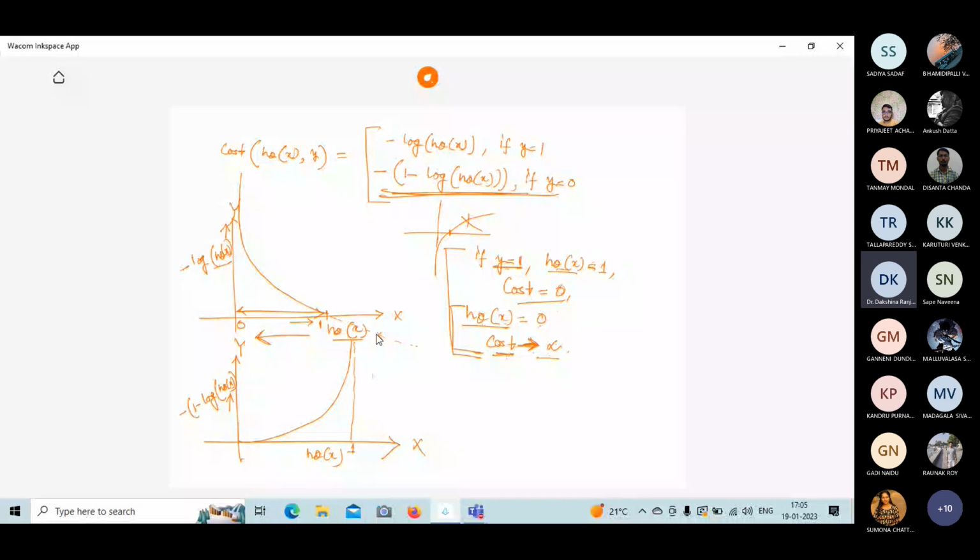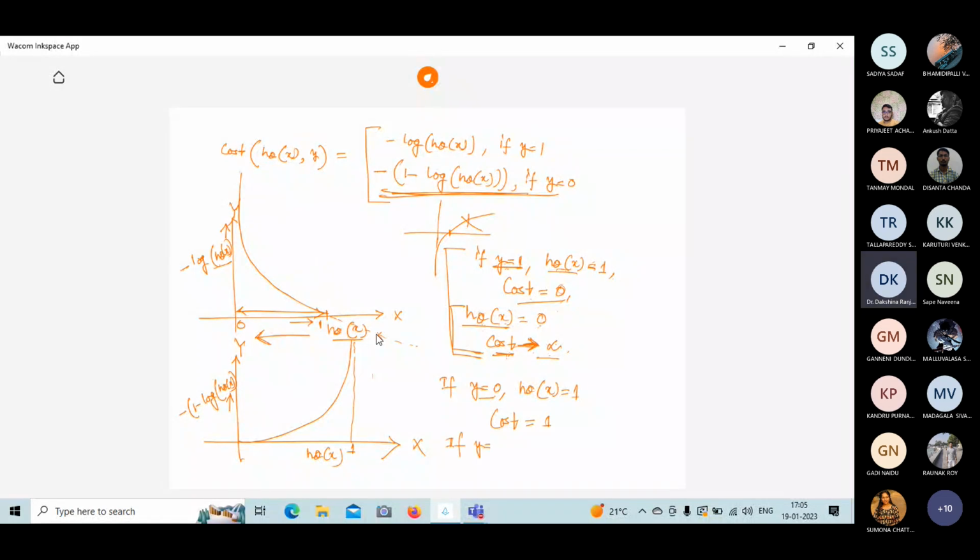If we see the consequences, we can observe the case y equals 0. That means if the class level is found to be 0 and h theta x tends to 1, then the cost function will be found to be very large.